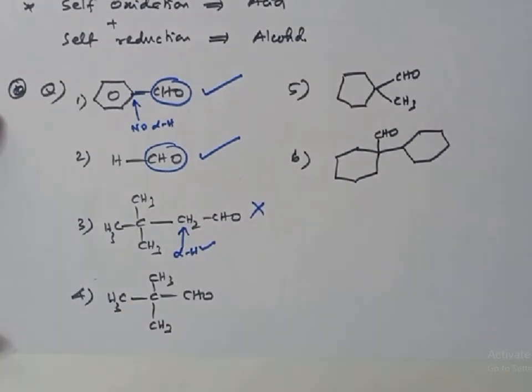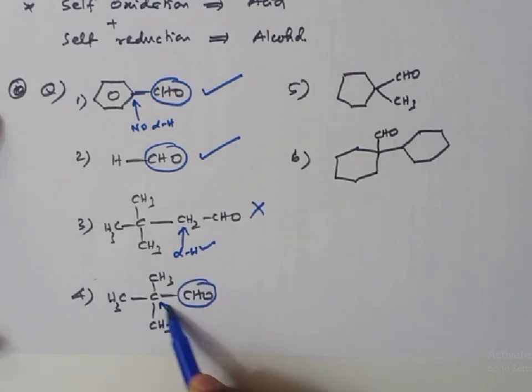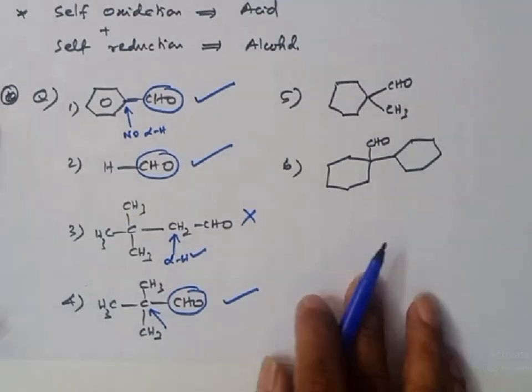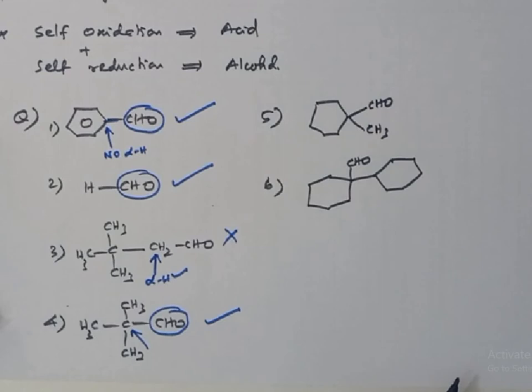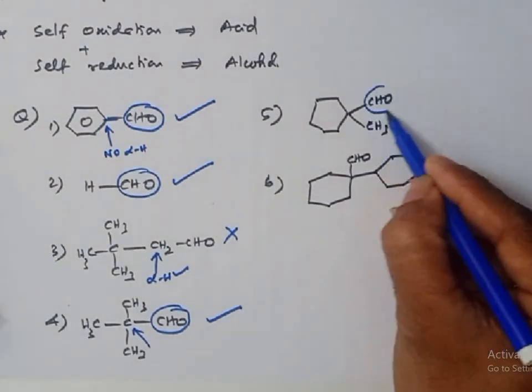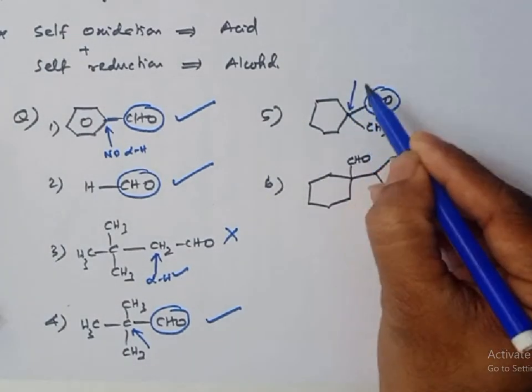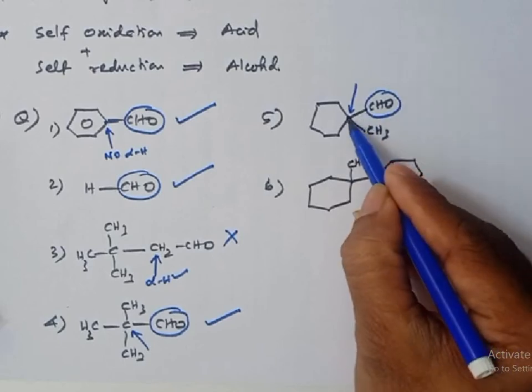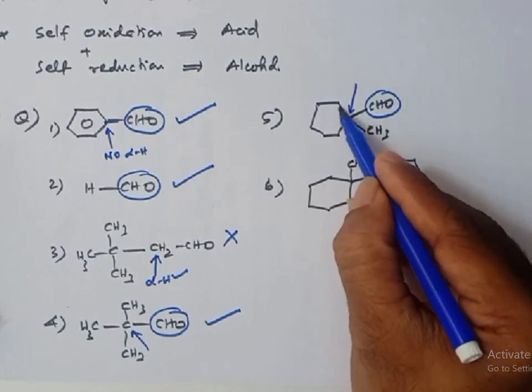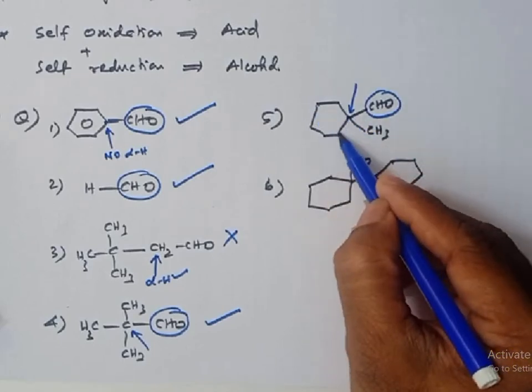What about the fourth one? We have aldehyde group and this is the alpha carbon. In alpha carbon we have only three methyl groups. There is no hydrogen. So definitely it will undergo Cannizzaro. What about the fifth one? We have aldehyde group and this carbon is the alpha carbon. In alpha carbon we have a CH3 group, and CH2 on the other sides.